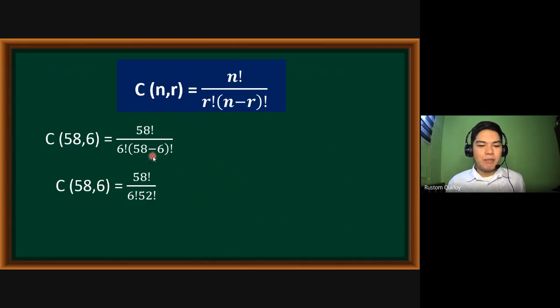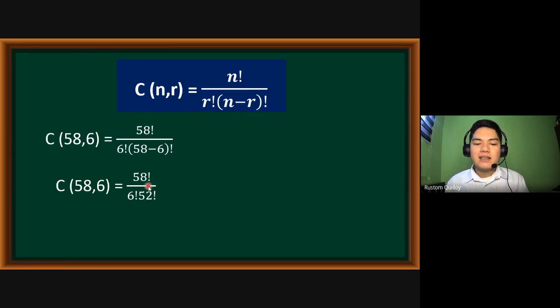So, next step is, inuna ko po itong nasa loob ng parenthesis, yung 58 minus 6. So, 58 minus 6 is 52. So, now we have 58 factorial over 6 factorial times 52 factorial. Ating operation dito is factorial. Okay, next step natin, i-expand natin yung 58.